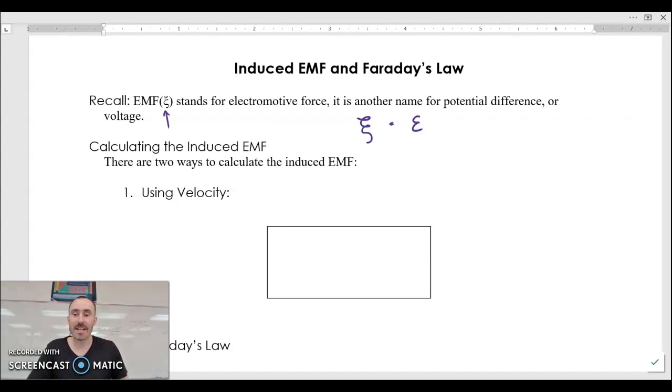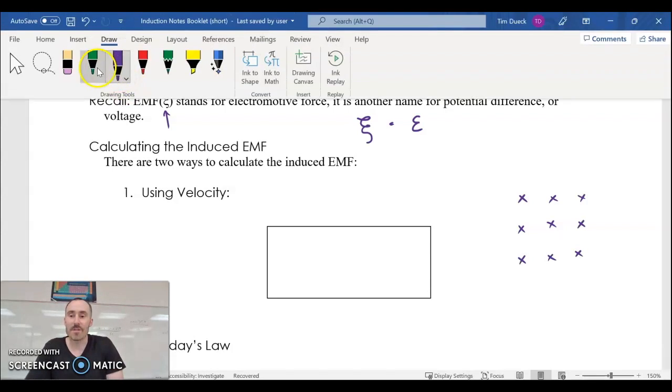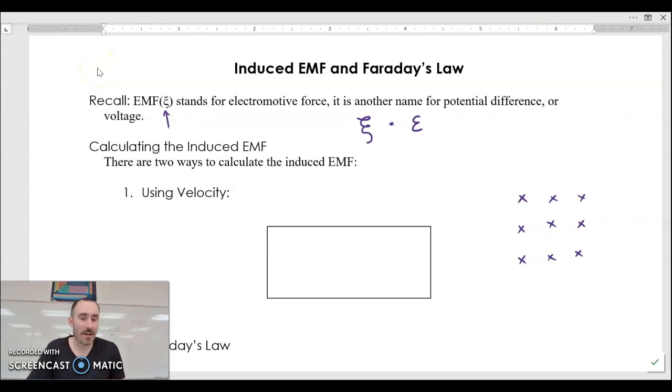Calculating EMF, we're going to have several different formulas for that, but I'm going to focus in on one of them quite a bit. Situation number 1 is, let's say you have a section of space or an area of field like this, and you get a wire like that.